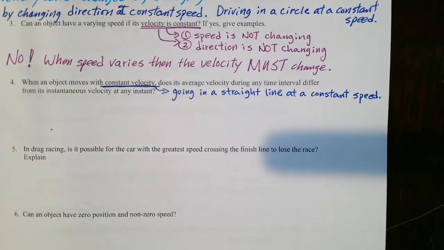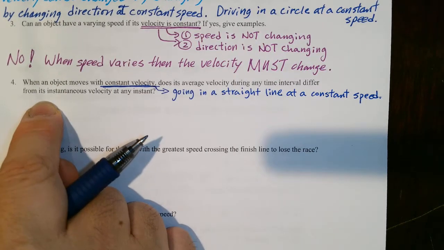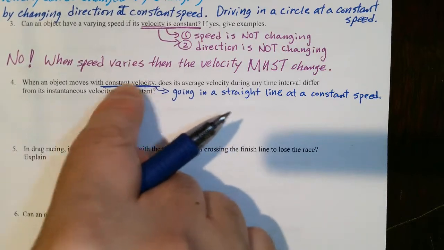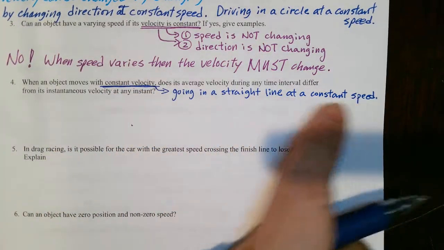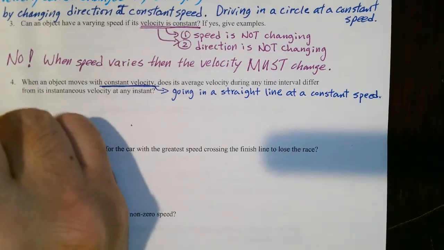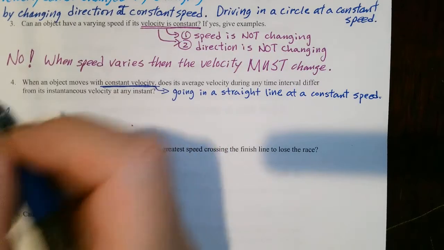Therefore, at any instant during that time interval, your velocity has to remain at that constant velocity, at that constant speed, going in the same direction. All right? So, will it differ? And the answer is no, because it has to maintain that speed and direction.